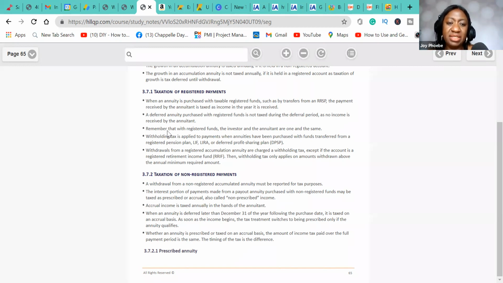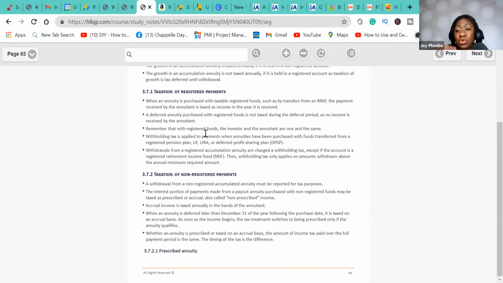A deferred annuity purchased with a registered fund is not taxed during the deferred period, as no income is received by the annuitant. Of course, if you purchase a deferred annuity with your registered funds, when we say registered funds, we're talking about funds from your RRIF or your RRSP, the annuity is still deferred.